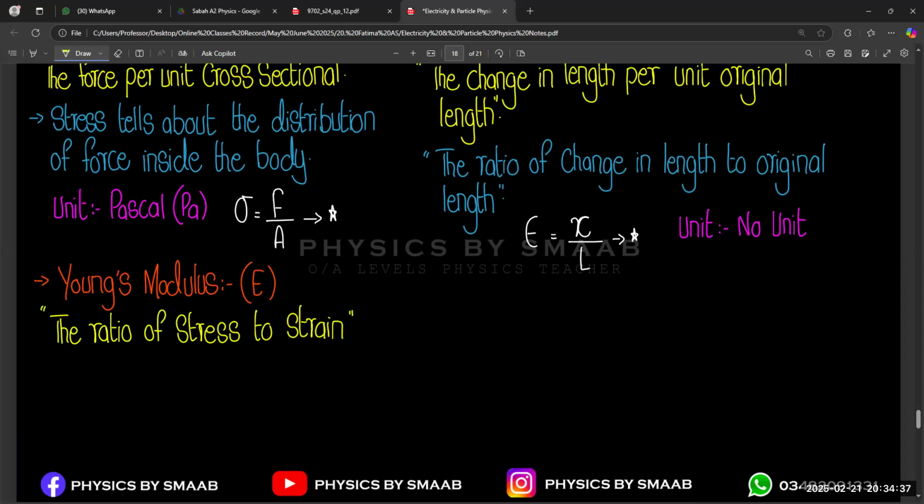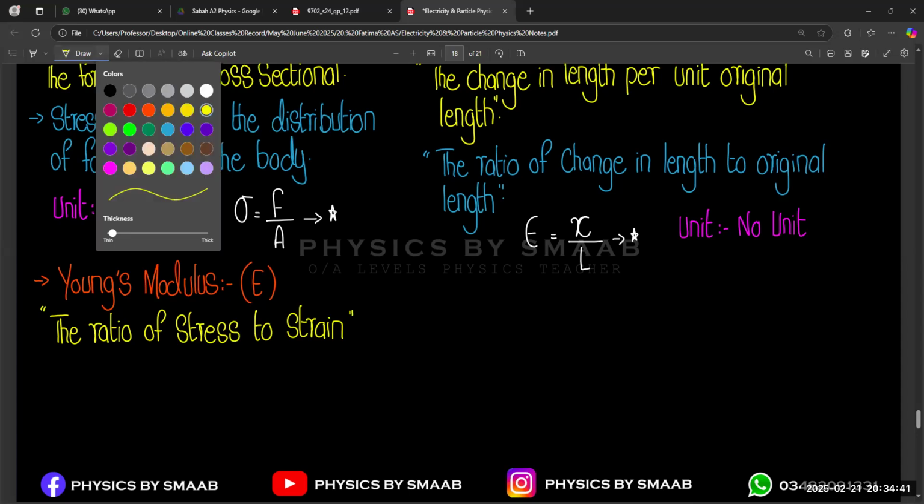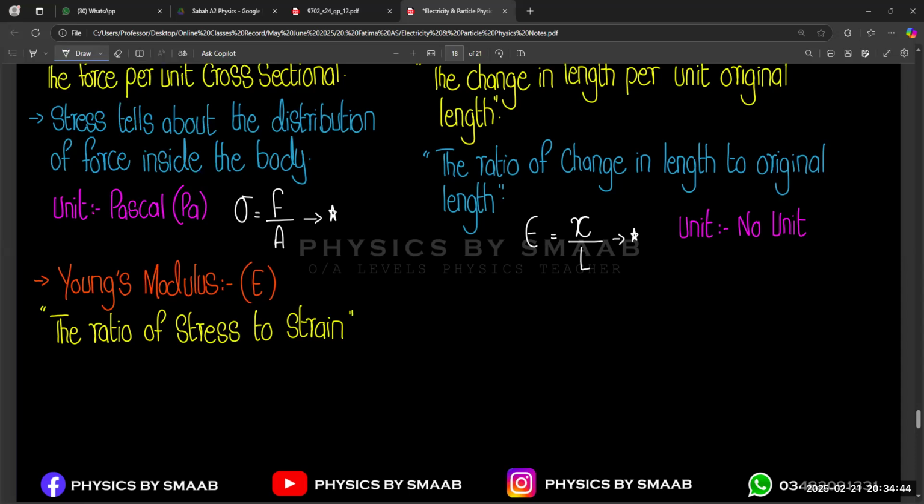Stress to strain. And according to the definition, it is the ratio of stress to strain.